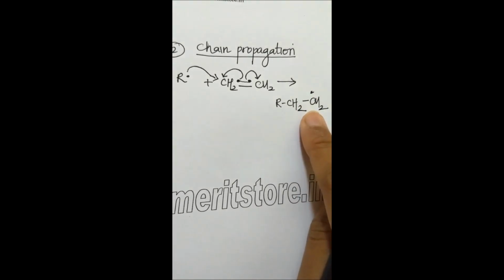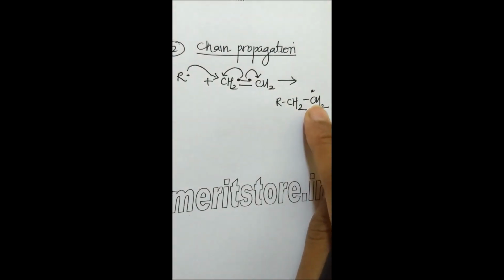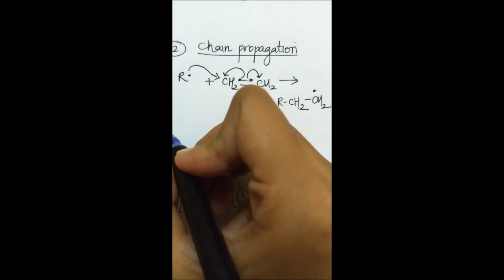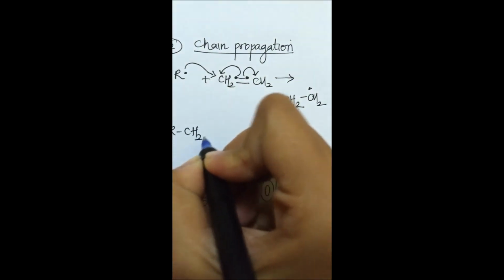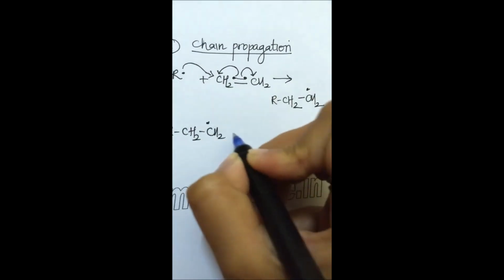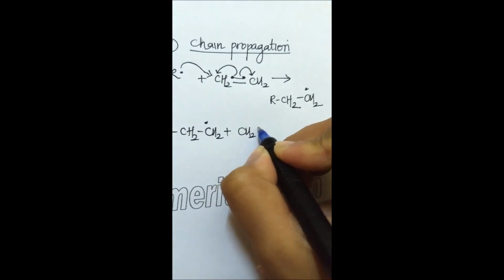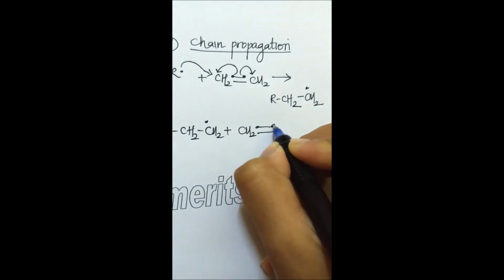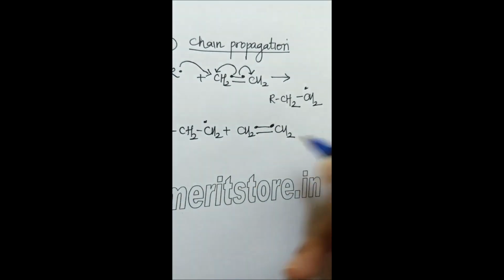Now this reacts with another molecule of ethene. So I have RCH2 CH2 radical plus CH2 CH2.